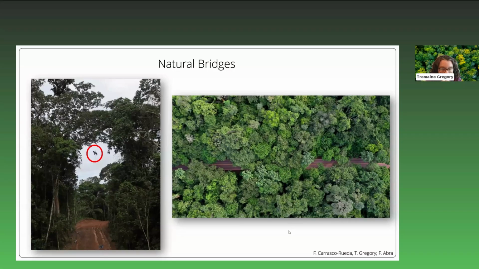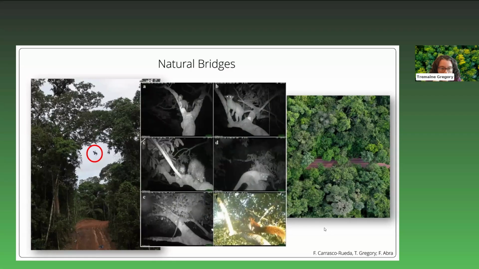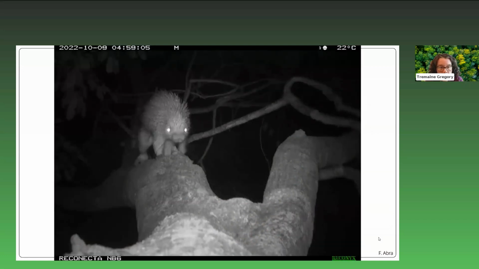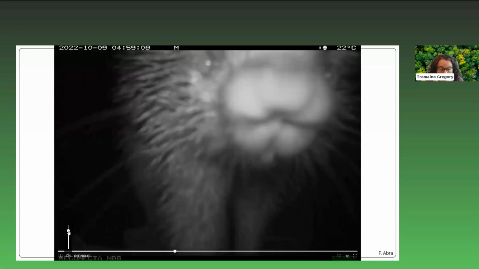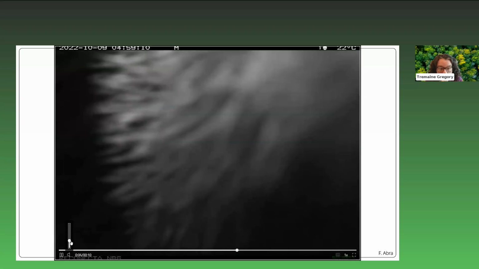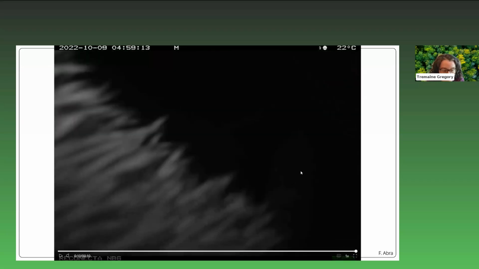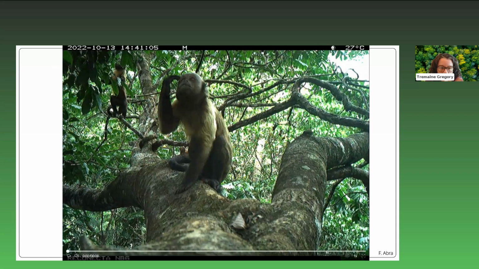Oh, sorry, if you click once, you can see a little smattering of some of those species that use the bridge in the Peruvian Amazon, the left-hand picture. Okay, next slide. Oh, sorry, I put in a couple of videos here just because they're so much fun to watch. This is just a plug for canopy camera trapping. You get the most amazing information. We can't hear this sound, but it's pretty funny, this little snorting porcupine.